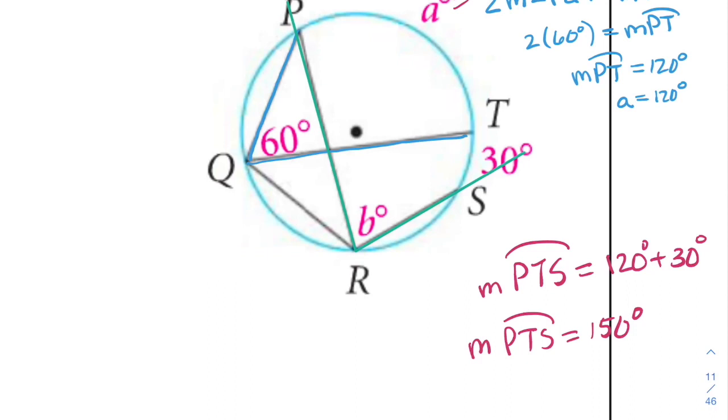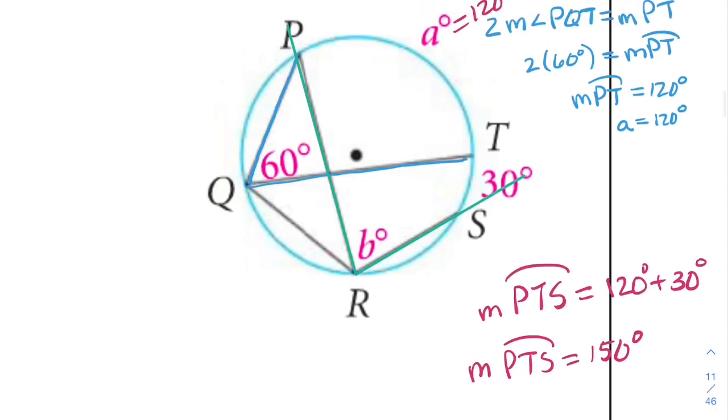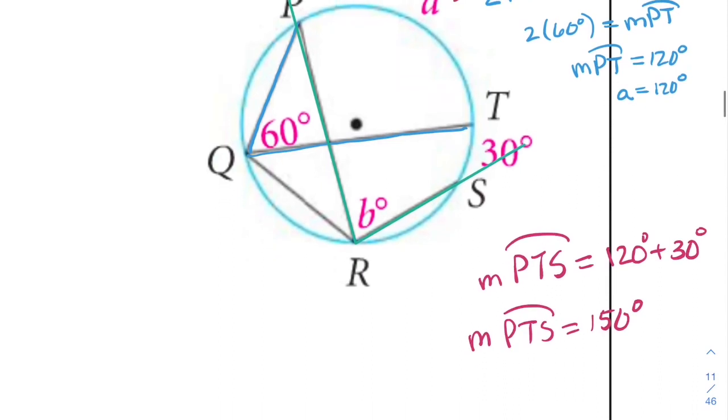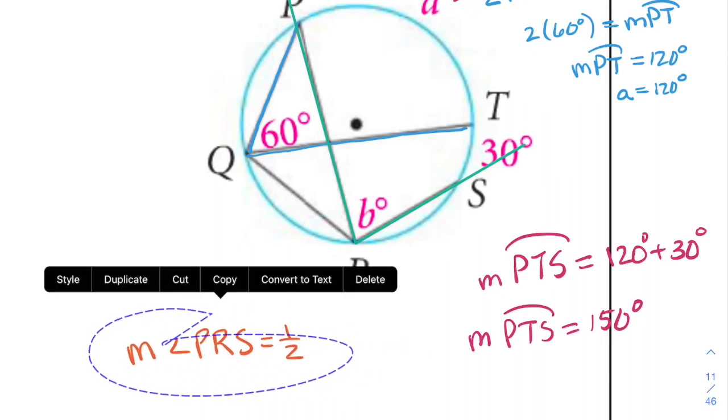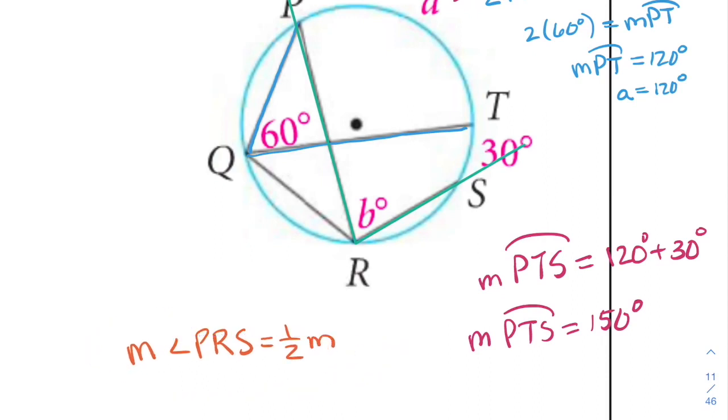So instead of multiplying this angle by 2, because I'm given the arc, I'm going to have to find half of it. So the measure of angle PRS is equal to half the measure of arc PTS.